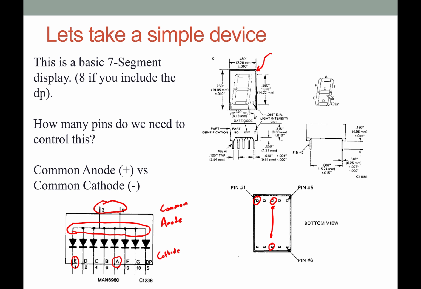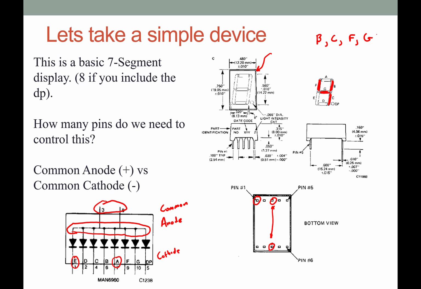Let's say we want the number 4 to be lit on the 7-segment display. Well, that means we need segment F, segment G, segment B, and segment C. So we have to find a way to light B, C, F, and G. And if we do that, we'll light 4.